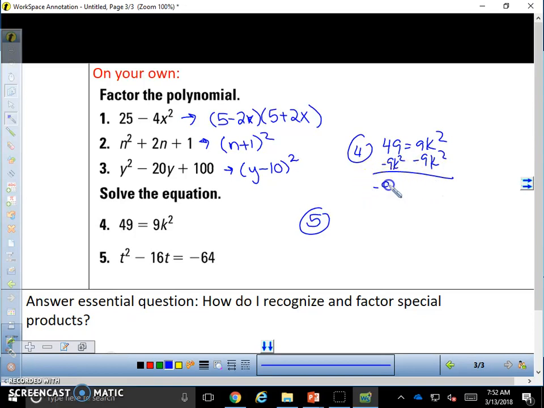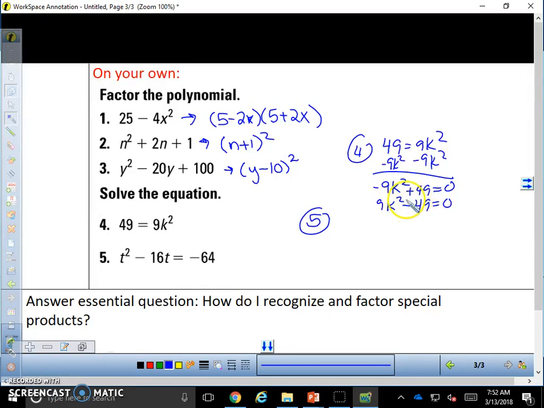So we'll have negative 9k squared plus 49 equals 0. Now we're going to factor. I don't really like the fact that this k squared is negative, so I'm going to flip the signs of everything. Positive 9k squared minus 49 equals 0. And 0 as a negative is still 0, so we don't worry about that.